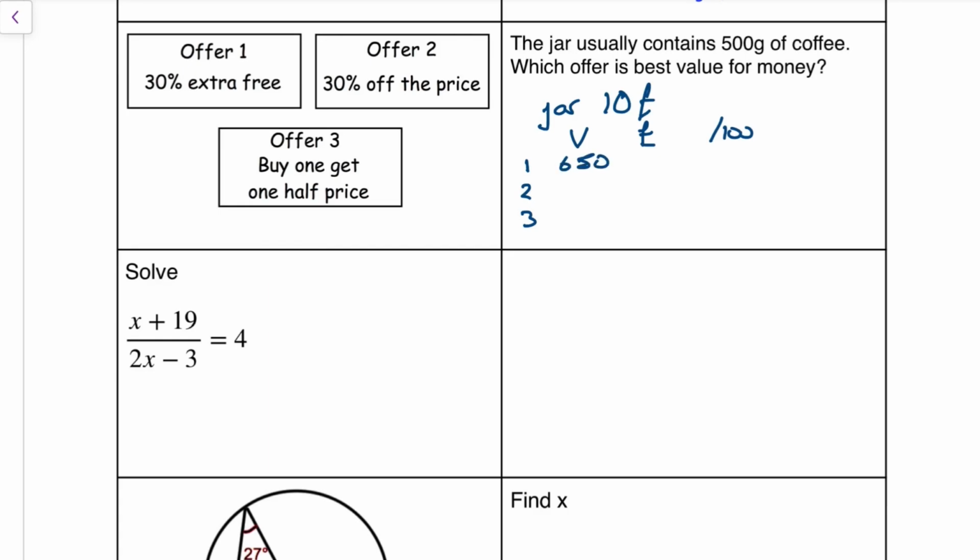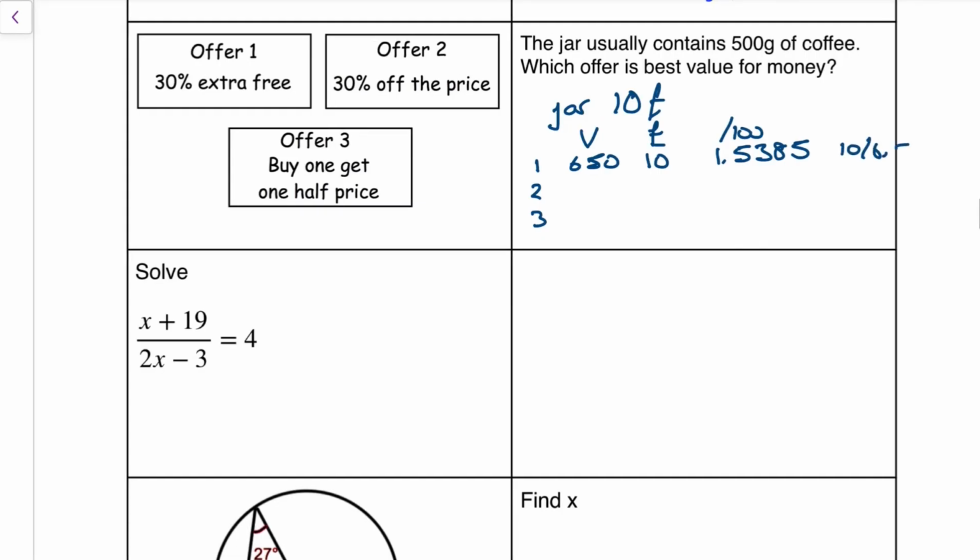I still pay £10. 10 divided by 650, or actually 6.5, because I'm doing it per 100 grams, is going to give me 1.5385. So in other words, I've done 10 divided by 6.5.